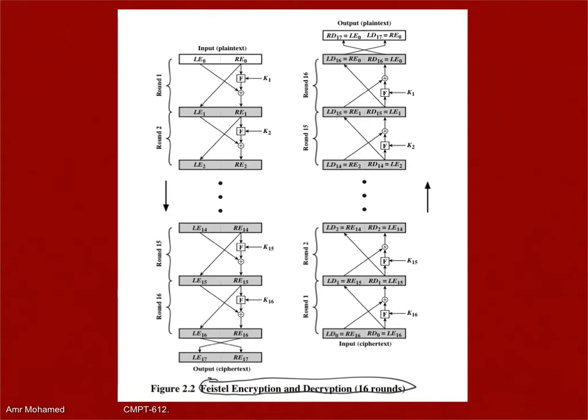It's actually the main building block for DES and triple DES, as we will see. This Feistel structure is based on 16 rounds, from round 1 to round 16. Each round, we divide the text itself. The text, by the way, is very commonly 64 bits.